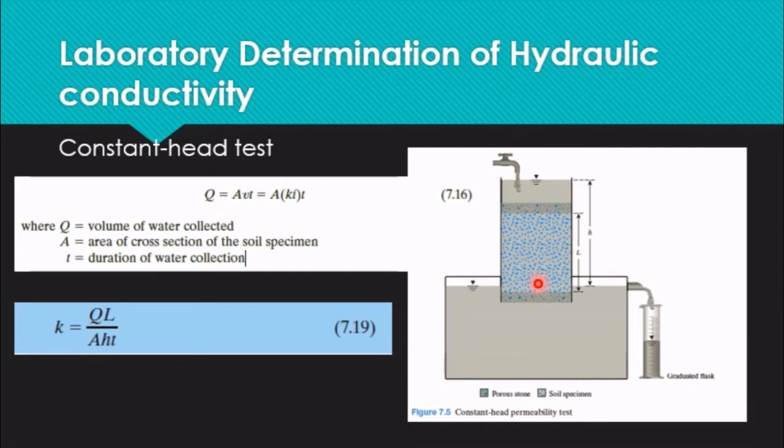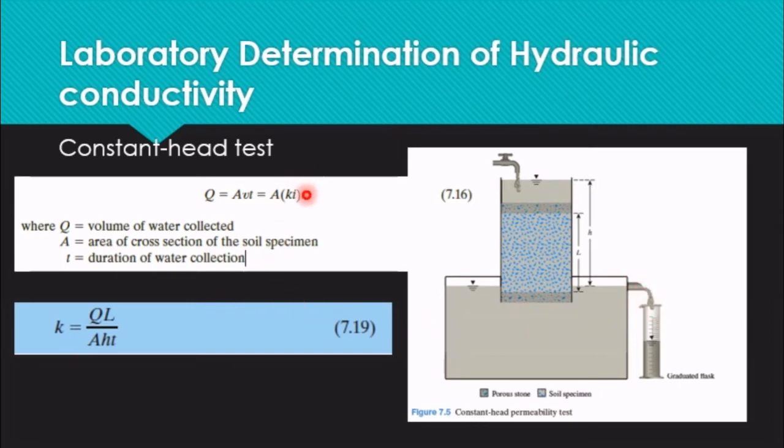And then, yung velocity, according to Darcy is K times i, diba? And then, yung time, ilang seconds or ilang oras ka nagkolekta. Kasi merong ilang oras yan. So, yan, constant head.